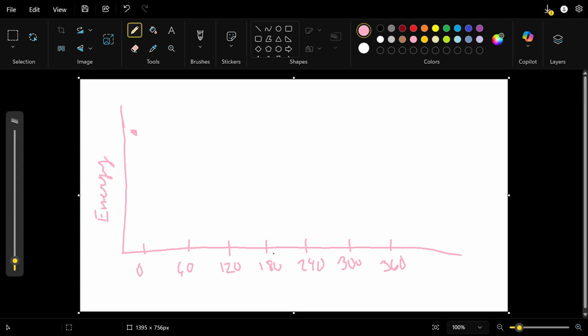Sometimes I get a little confused or I just forget. But the first one should stop here. Then the next one should be here. Anti is 180, so they'll always be all the way on the bottom.